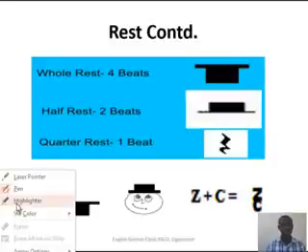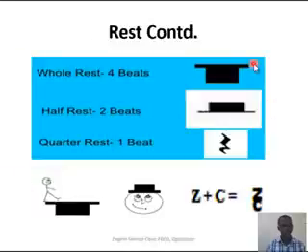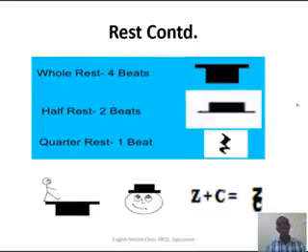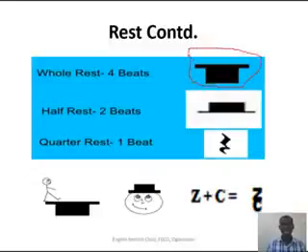As you can see on the slide, this is the whole rest, and it means that you remain silent for a beat value of 4. All whole rests are 4 beats long and look like this, as you can see.